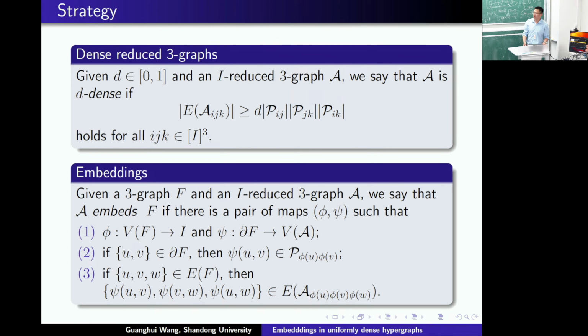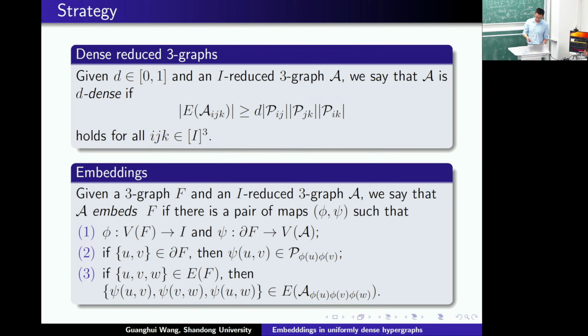there are two mappings, phi and psi. Phi is a mapping from the vertex set to the index set, and psi maps from the shadow to the vertex set of the reduced graph.